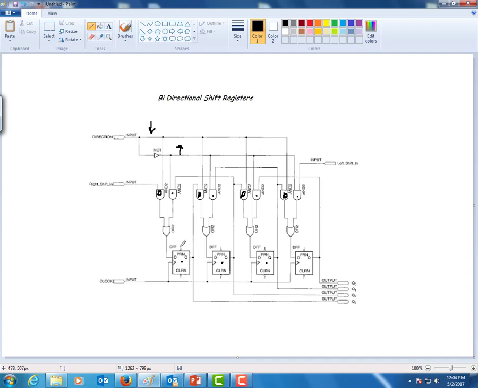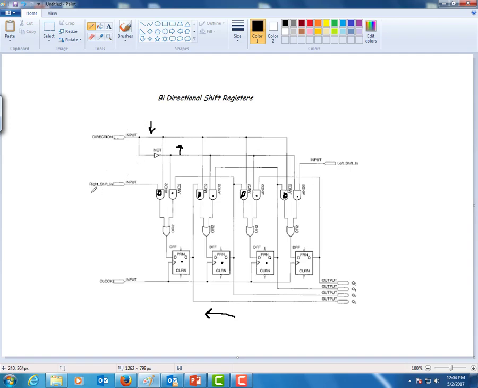So what do you think's happening here? This one is going to be a shift left. Get it? Everything is shifting this way. So your direction can basically be controlled by this input, if it's high or if it's low, right?